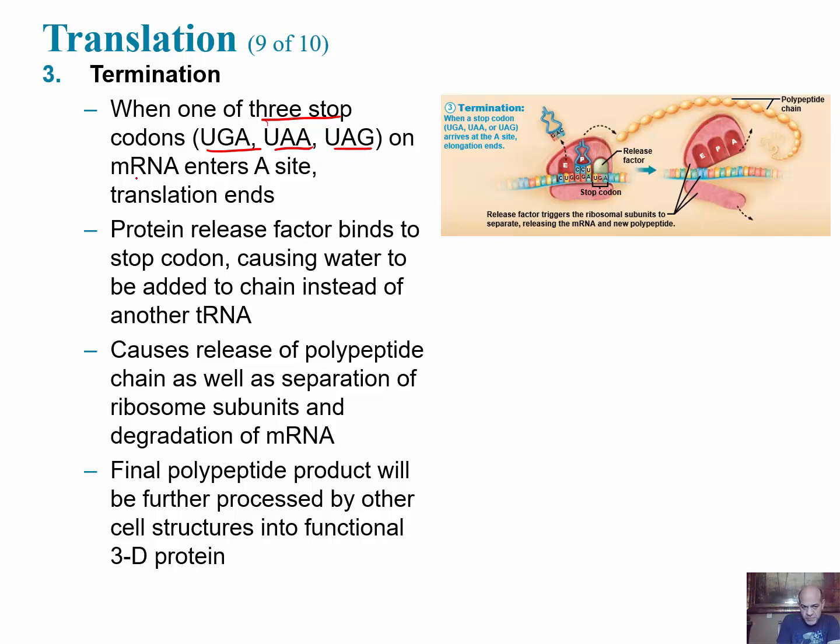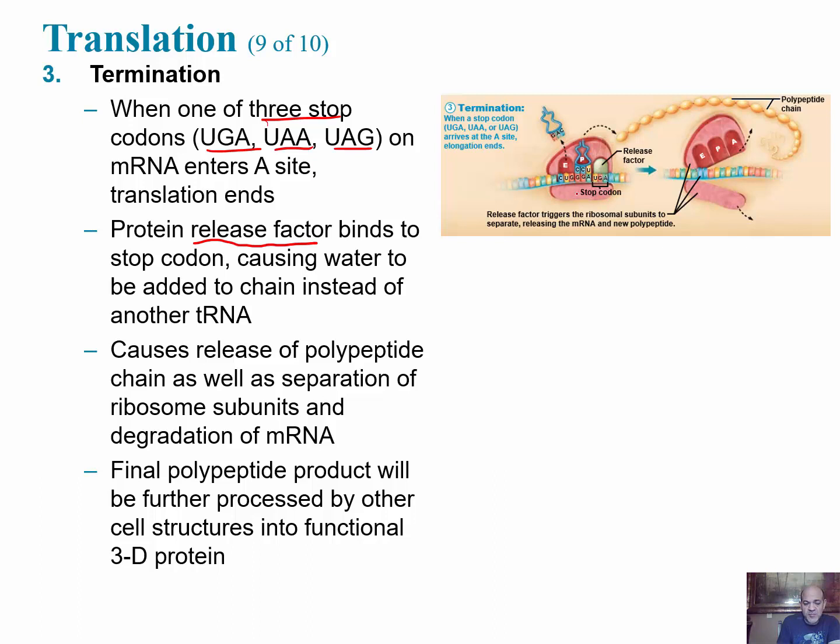And what's going to happen there is on those stop codons, there is no tRNA for that. Instead, there is a protein called release factor that recognizes those codons. So the protein comes in there, not an aminoacyl tRNA, but a release factor comes in.